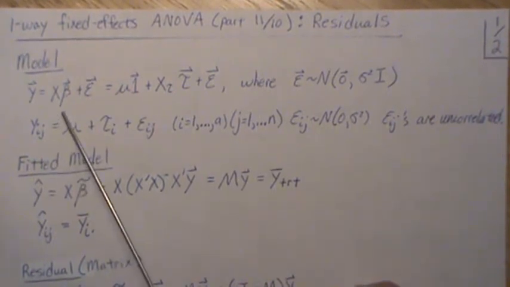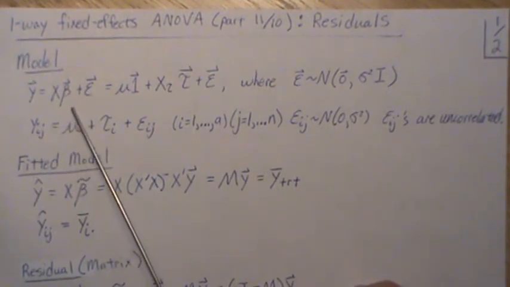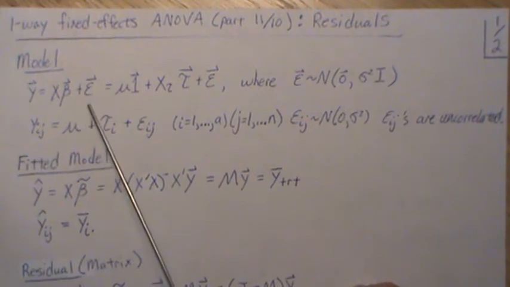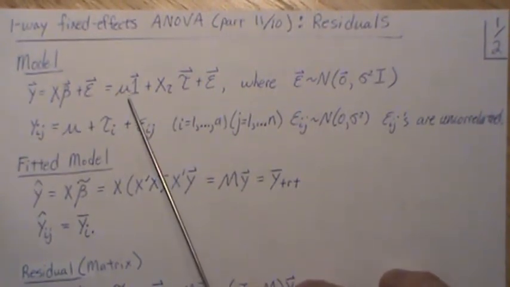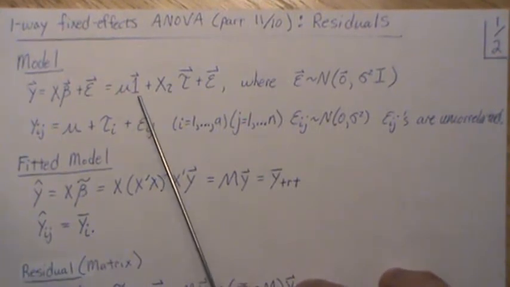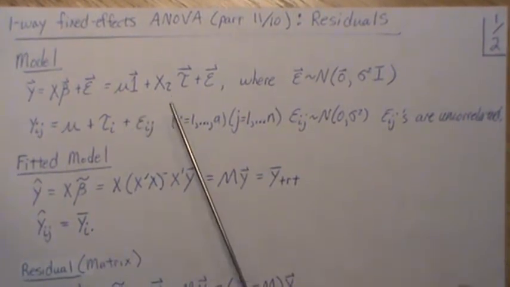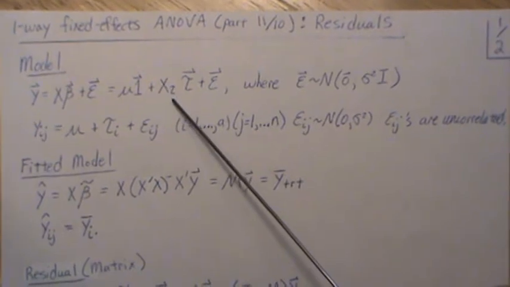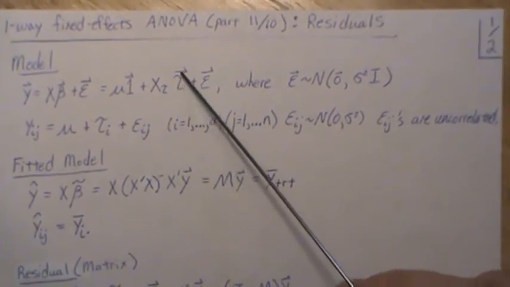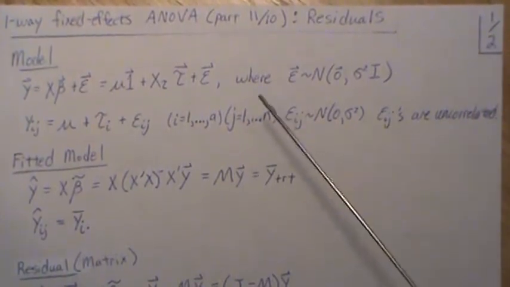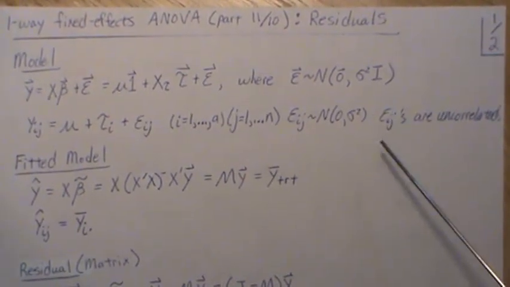Now, as a reminder, the model is y equals X beta plus epsilon. And that can be decomposed into mu times a vector of 1's, X tau, and then the tau vector. And so these are associated with the fixed effects treatment, plus an error term.